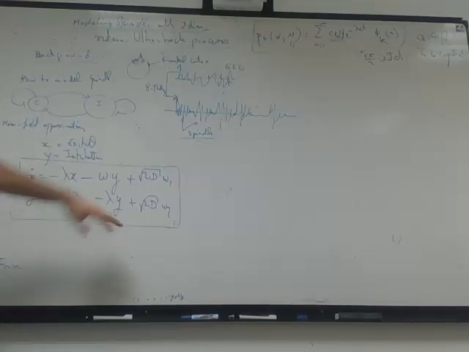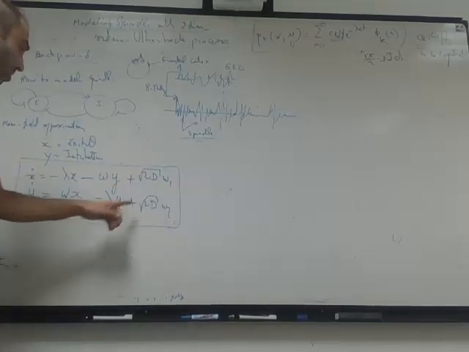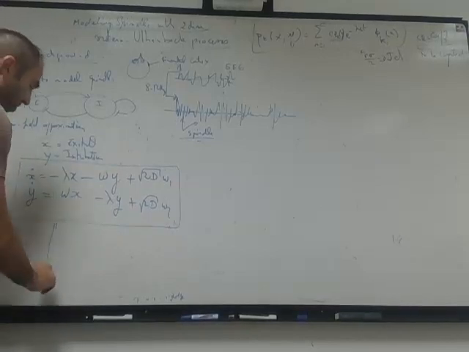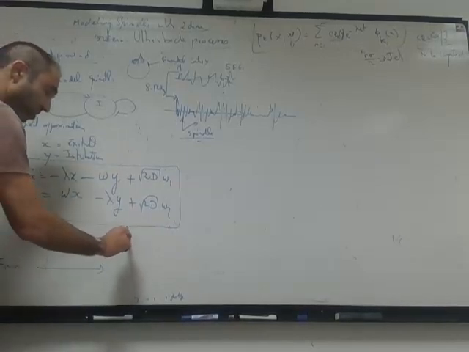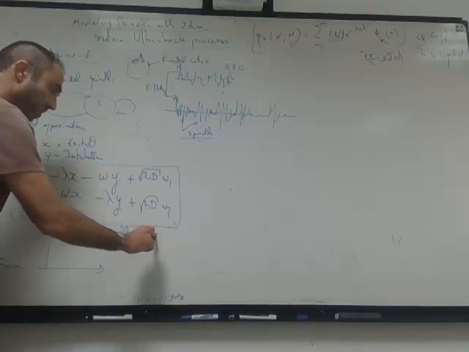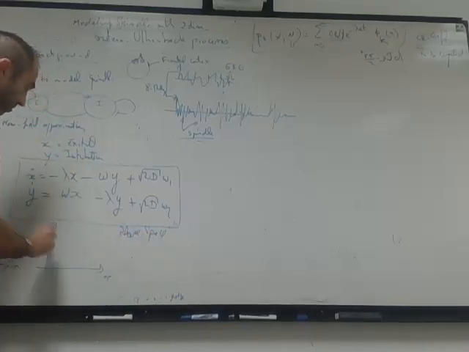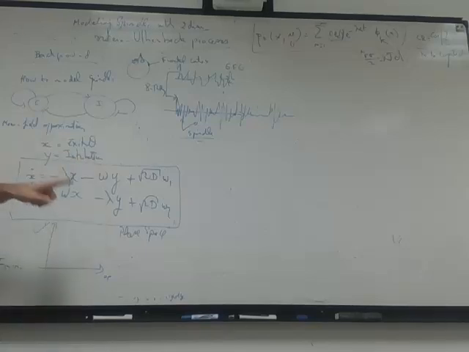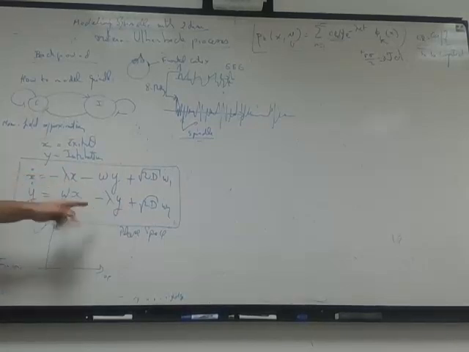Okay, suppose you have no noise. What do you get? Now you can look at it in what is called the phase space. Have you ever heard of the notion of phase space? You are looking at everything in x and y. Suppose you have no noise. If omega is 0, there's no noise, it's minus lambda x, minus lambda y.